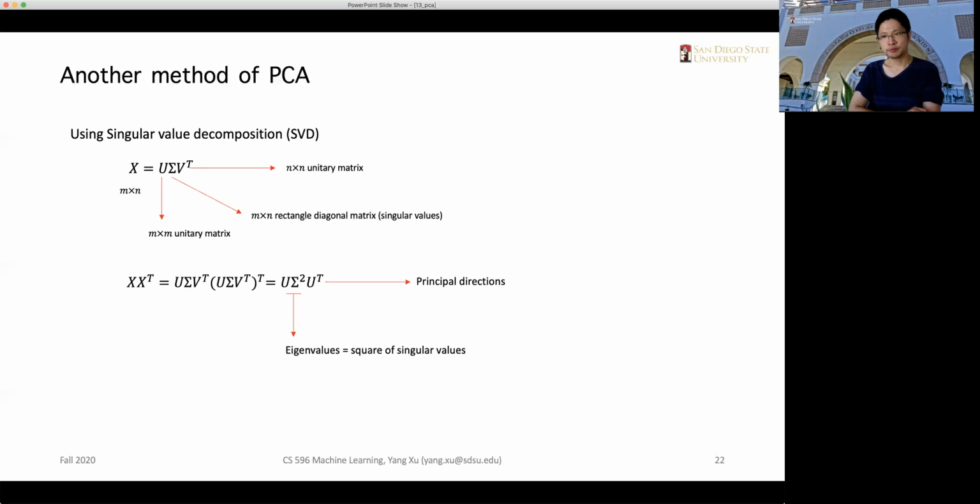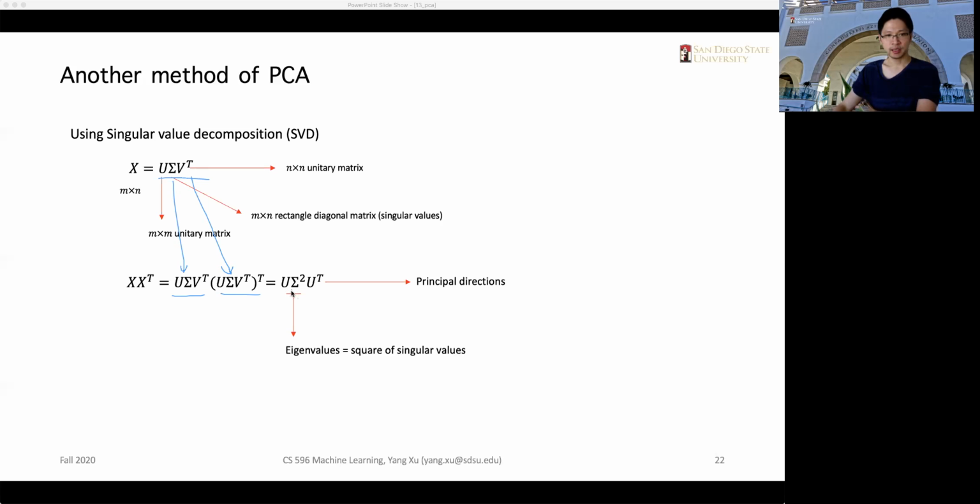So the relationship between SVD and the eigen decomposition method is that the singular values in the sigma are actually the square roots of the eigenvalues, and the U is just the result, the principal directions we want to find, the U transpose. So the relationship can be easily inferred, because it's just the transpose of matrices and matrix multiplications.